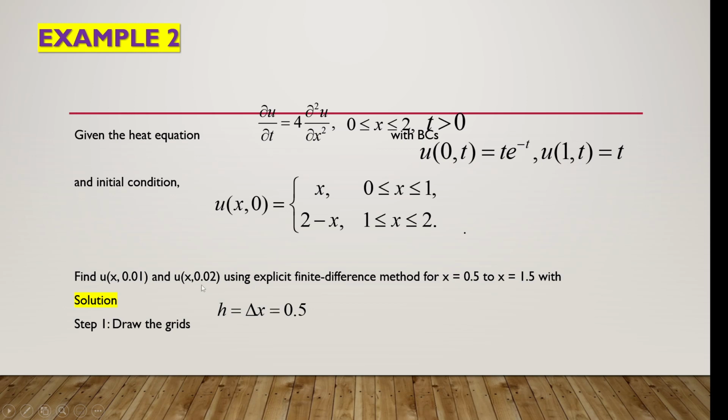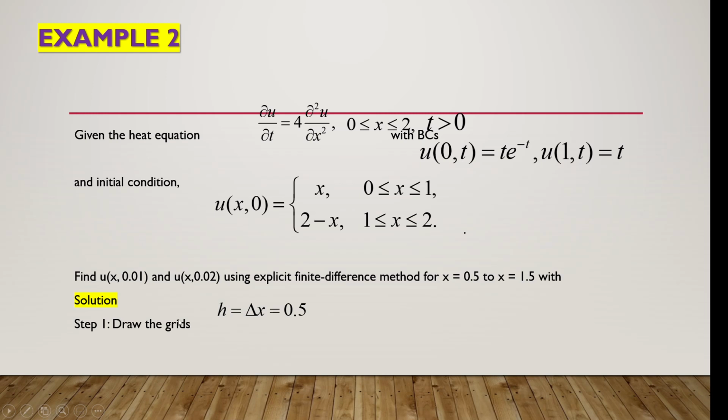Again, find u(x, 0.01) and u(x, 0.02) using the explicit finite difference method for x = 0.5, 1, 1.5 with h equal to Δx equal to 0.5.